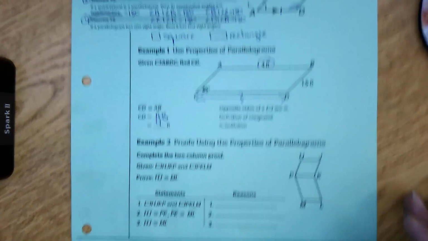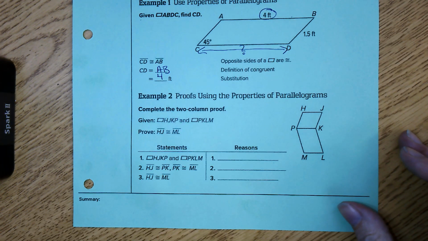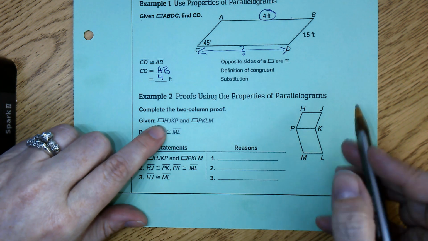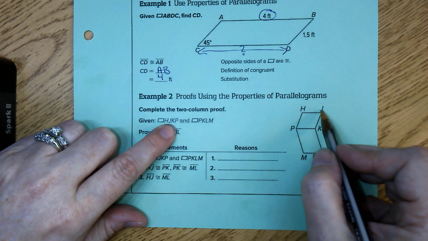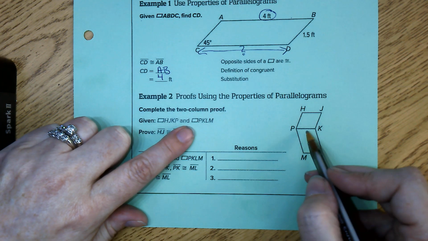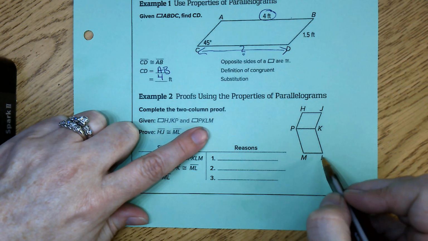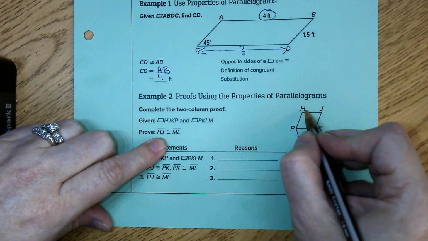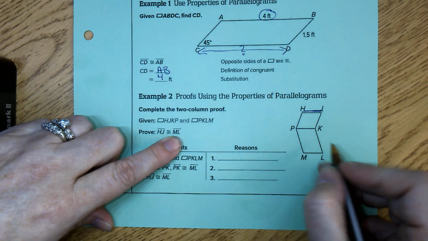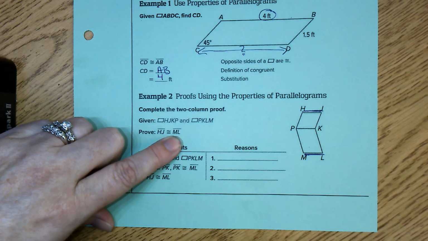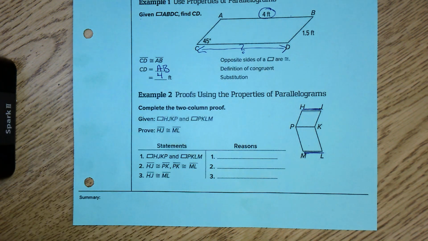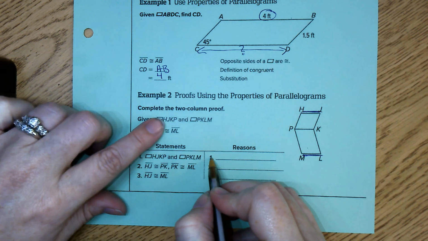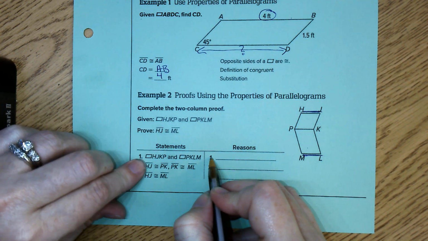So we can never get away from these, because we have so much fun with them. So again, we're going to do some more. So we're going to complete our 2-column proof. So it says, given parallelogram HJKP and parallelogram PKLM, so you're given that these two shapes are parallelograms. What's it want us to prove? That HJ is congruent with ML. So our first statement, the reason, well, it's given.